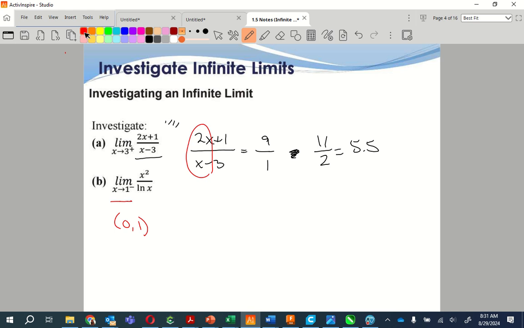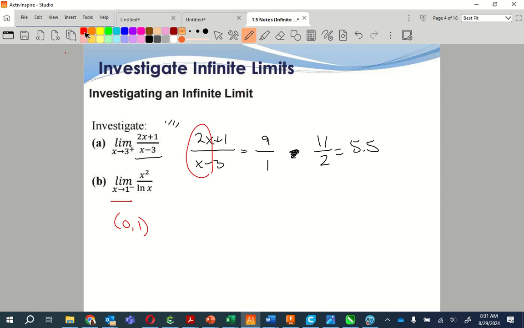Because this is a restriction on my domain, it doesn't exist to the left of 0, and it's asking as this is approaching 1 from the right-hand side. But if it's approaching 1 from the right-hand side, that would give me 0 in the denominator. Approaching 1 on the left-hand side, that's also 0 in the denominator. So I'm only looking at this little bit right here.